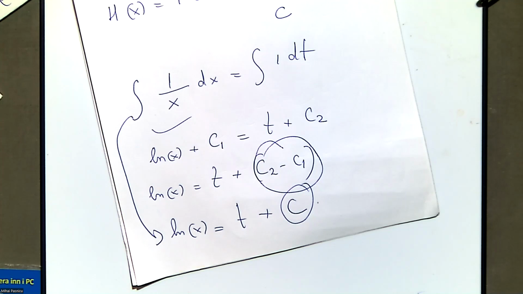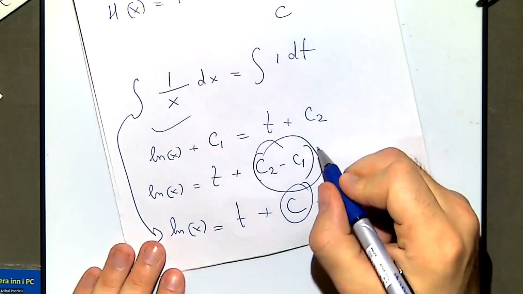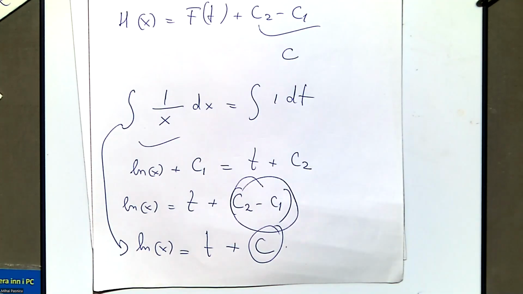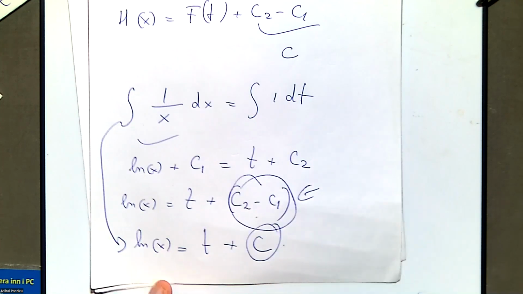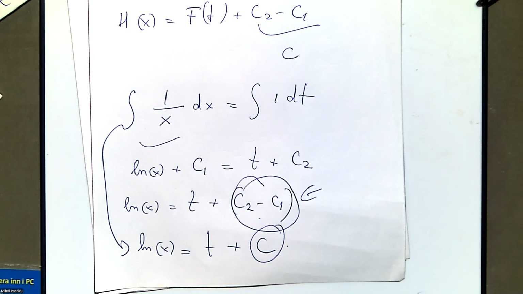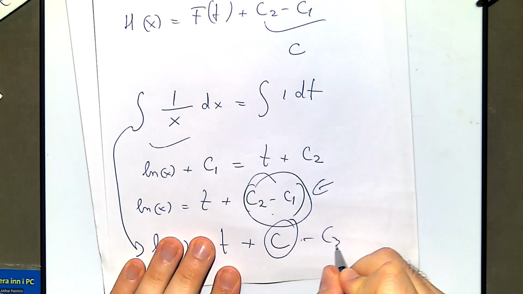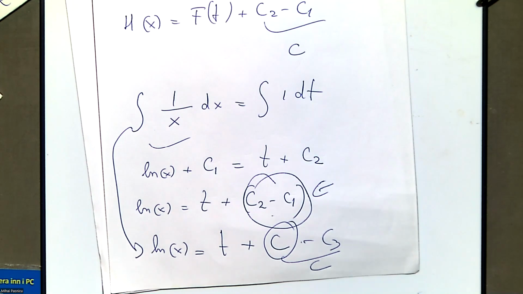Realistically, if you're scared you're going to forget, you can just write it like this. That's perfectly fine. But if you have two integrals, you're going to end up with three constants, so it's going to get uglier and uglier. Just remember that when you get something like this, you can replace it with another constant. And if I get c minus another c3, I can just put another constant.